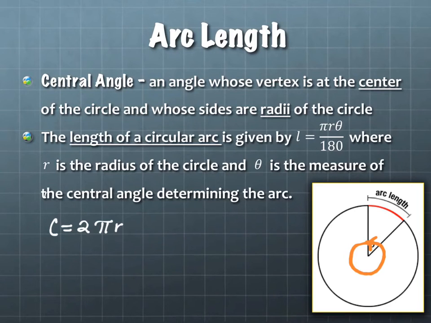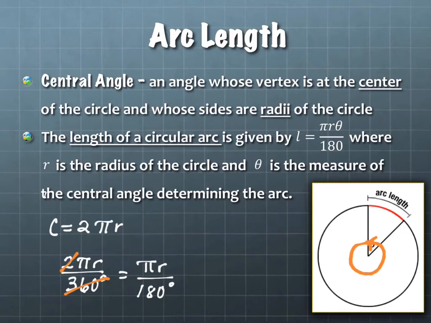It'd be a 360-degree angle. So this, as a ratio or a comparison, is the circumference 2 pi r compared to 360 degrees. This would be the whole way around my circle. And if I were to reduce this, I notice that the 2 and the 360 are both even, so they can be reduced. And I would reduce this to pi r over 180, excuse me.